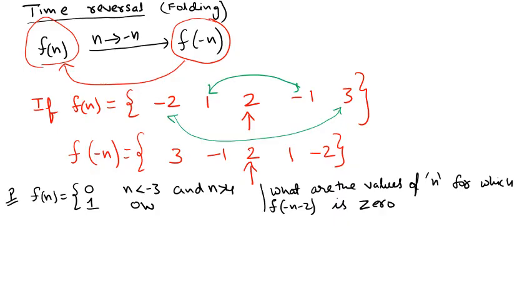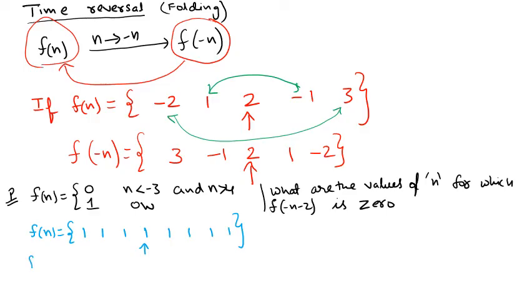So basically, let me first elaborate this f of n. f of n is equal to 1, 1, 1, say this is your f of n.